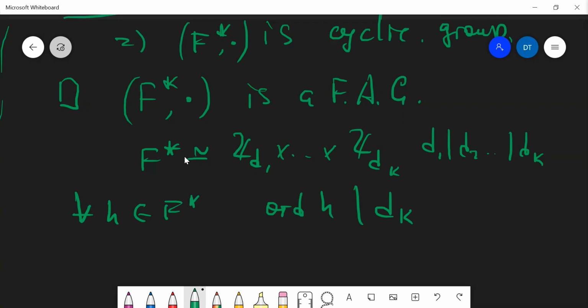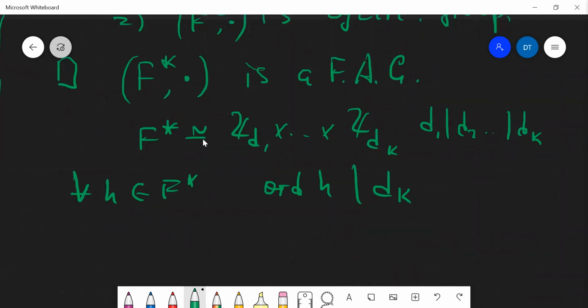So raising to a power k here is multiplying by the number k there. If you multiply each element there by dk, you will get 0. So if you raise each element here to the power dk, you will get the neutral element 1. Because of this isomorphism, we see that h to the power of dk is equal to 1.